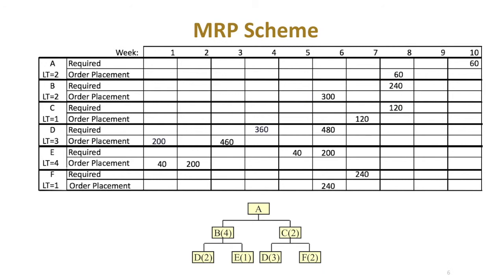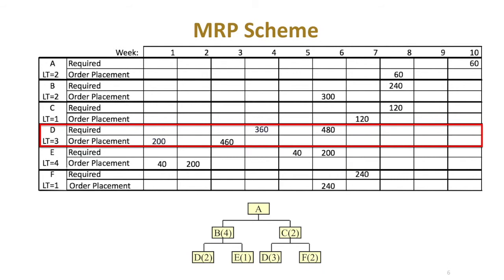Another interesting thing is the order placement of part D in weeks 1, 2, and 3. We would expect respectively 360, 0, and 480. The scheme tells us that 200, 0, and 460 is sufficient instead. The reason for this is that the stock position of part D equals 180 items at the beginning of week 1, and the minimum quantity equals 200.